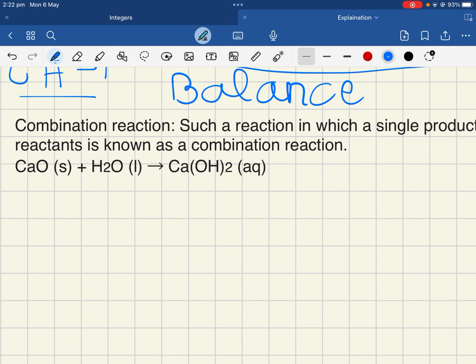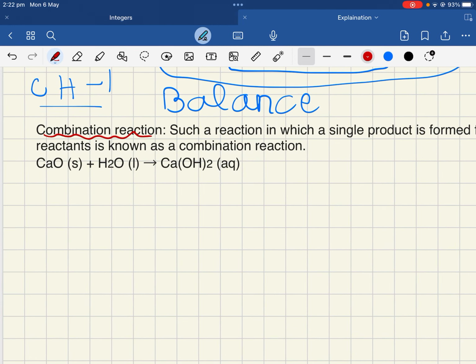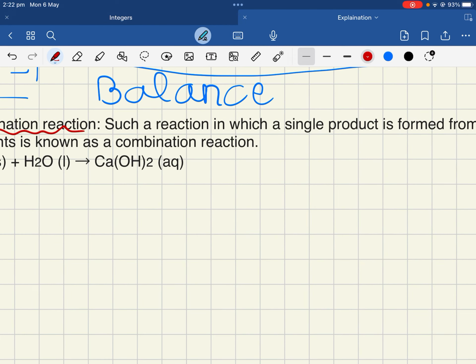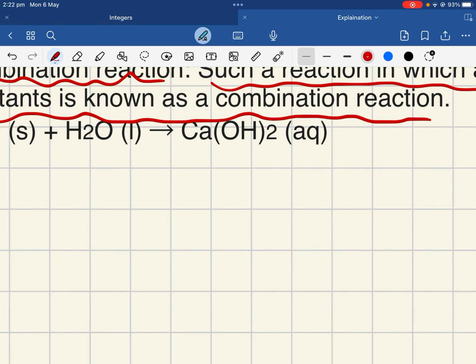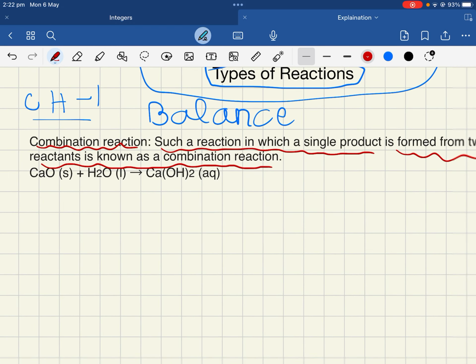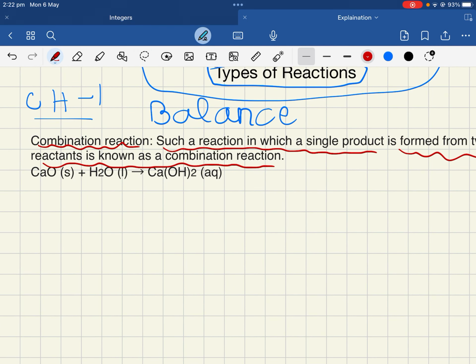The first type of reaction we have is the combination reaction. Now what is combination reaction? Such a reaction in which a single product is formed from two or more reactants is known as combination reaction. Now what does this mean? Let us take a look at an example. A single product is formed, meaning the product is single.